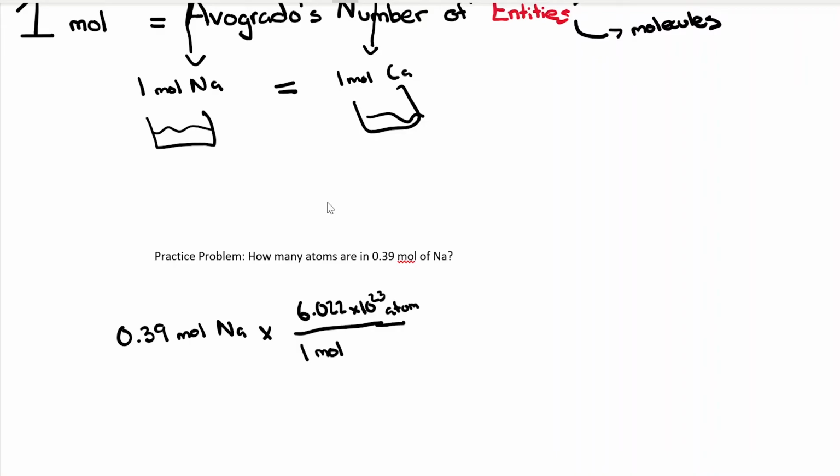atoms, right? And in this instance, we're starting with sodium. So it's applicable to sodium. So 1 mole of sodium is going to give you 6.022 times 10 to the 23 atoms of sodium. All right. So we can use this conversion factor. We'll use it a lot in chemistry.